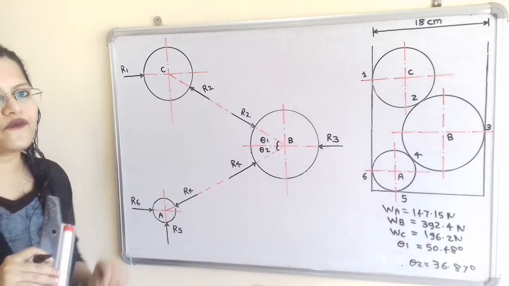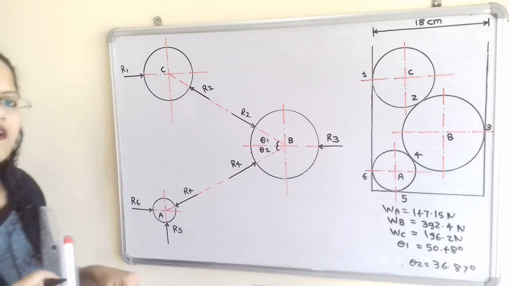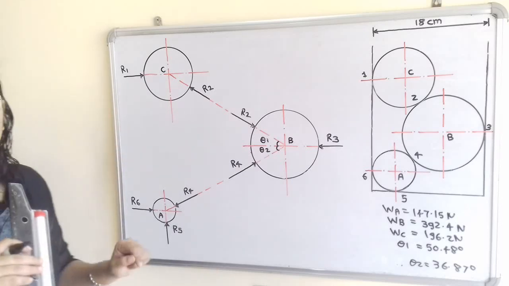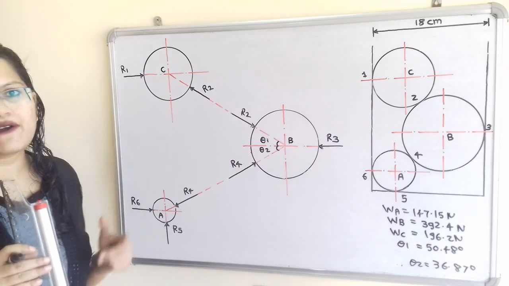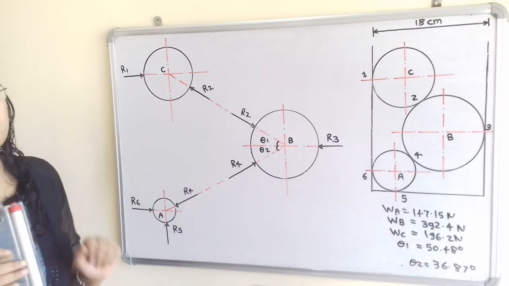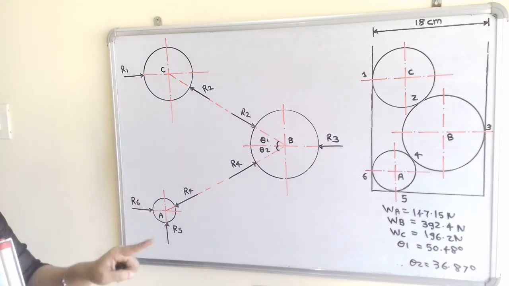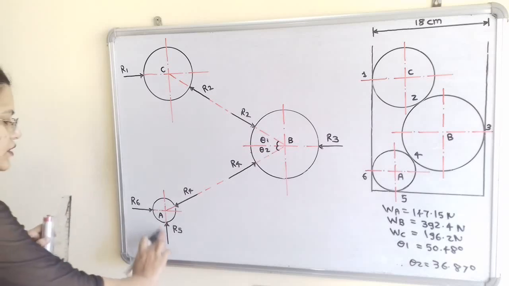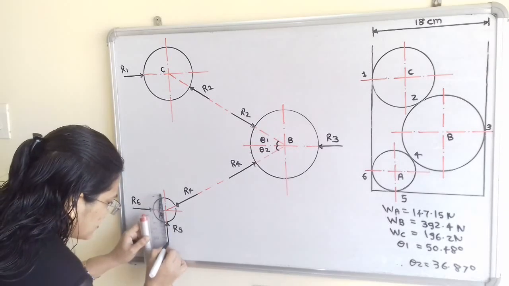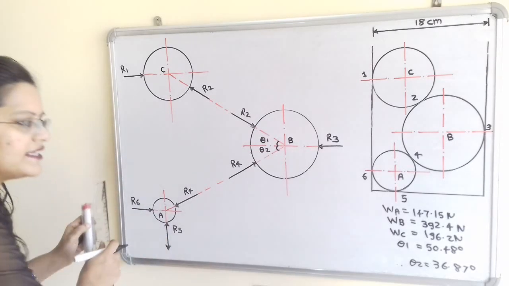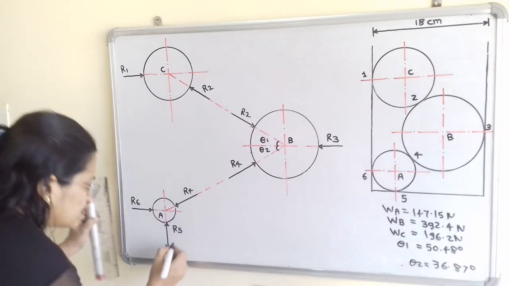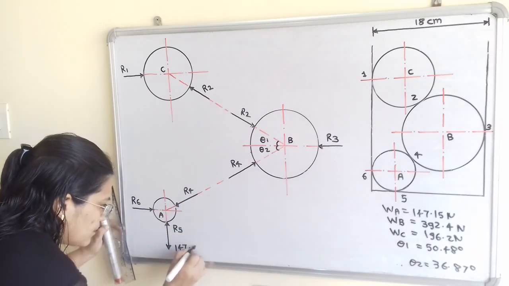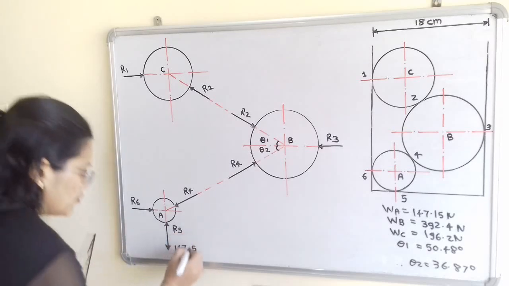Now there is also weight, and weight always acts in vertically downward direction passing through center. So this weight we have to consider in this diagram, and we will show this. So for cylinder A, it is WA. So this R5 is in upward direction and this WA is in downward direction, and it's 147.15 Newton.